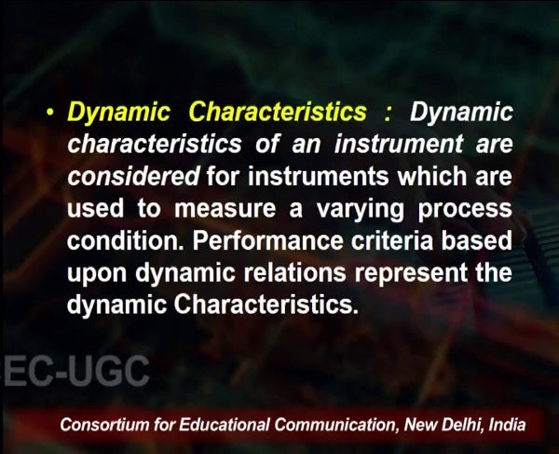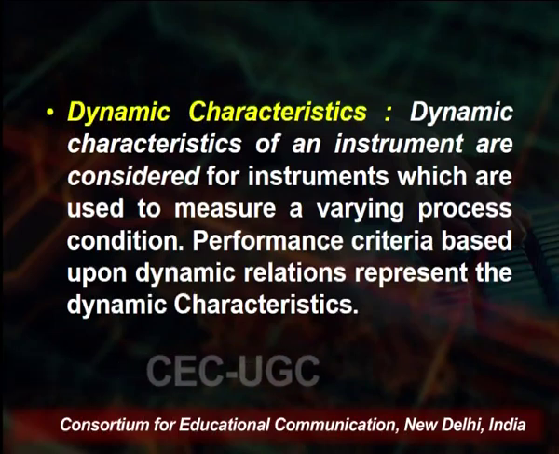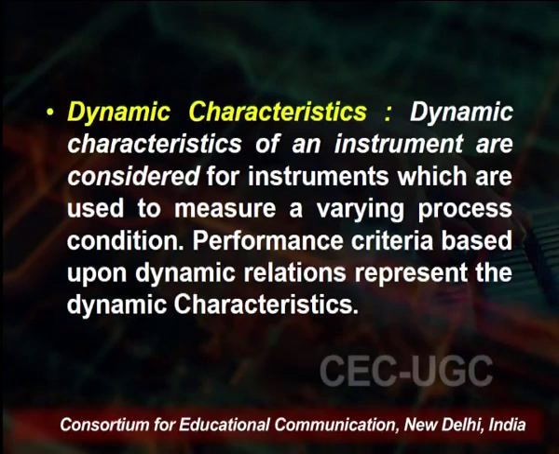Basically, static characteristics are further divided into many parts. When we are calculating the static data, we calculate the accuracy of the system. So, what is this accuracy? Accuracy is one type of static characteristic, which is defined as the degree of closeness with which an instrument reading approaches the true value of the quantity being measured.